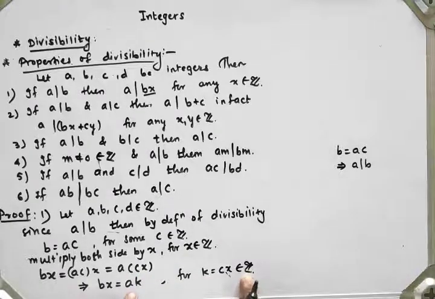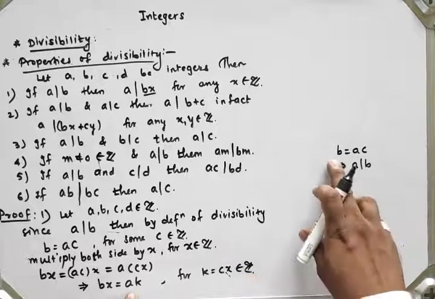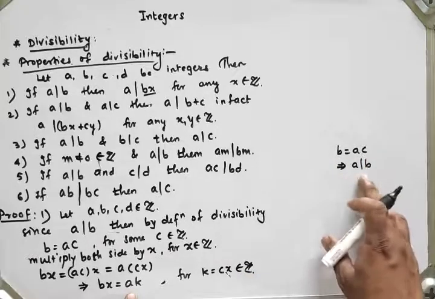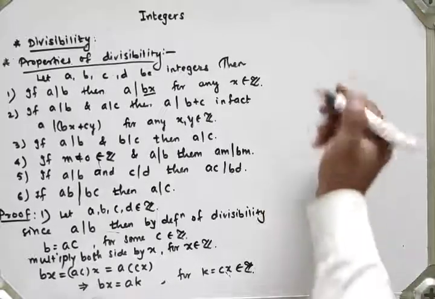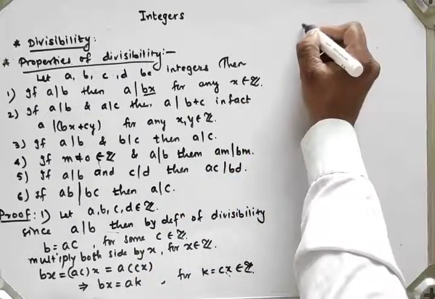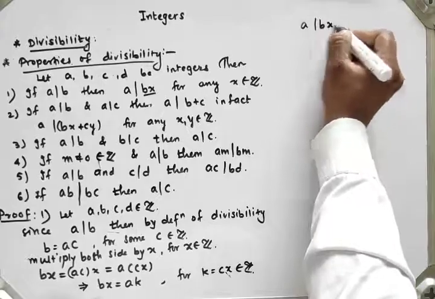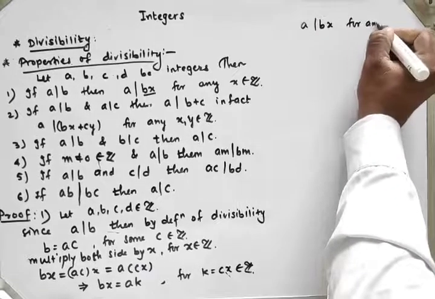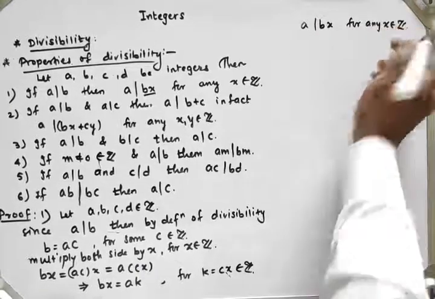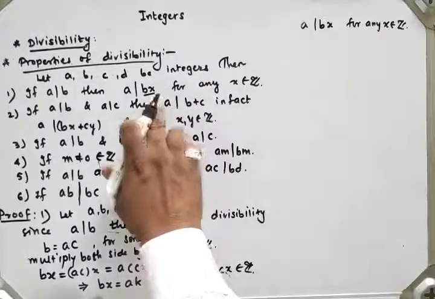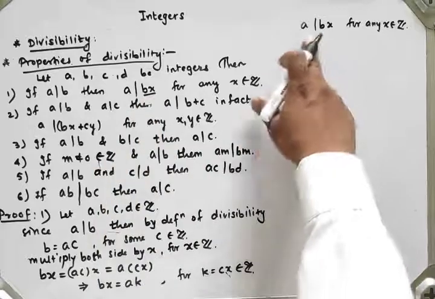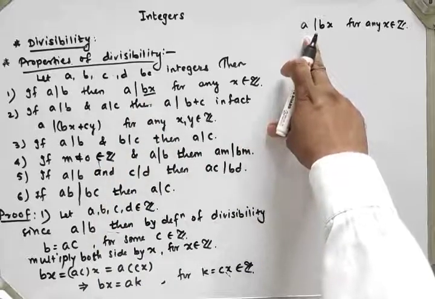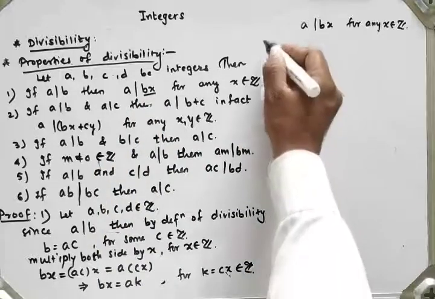So from this, a divides bx for any x belonging to the set of integers, hence the proof. So if a divides b, then a divides bx. This is the proof of the first property, right? Now we will prove the second property.